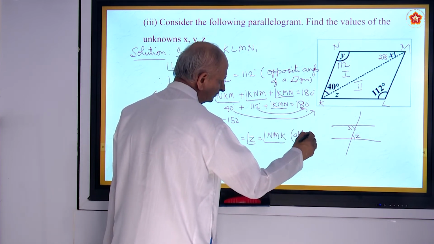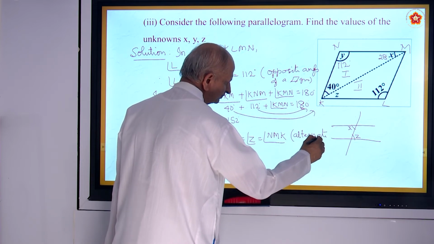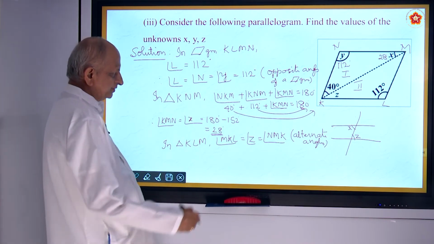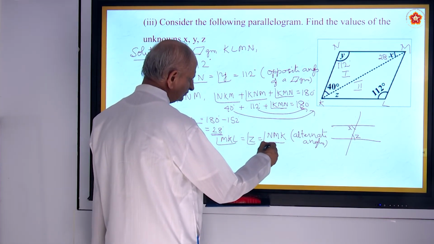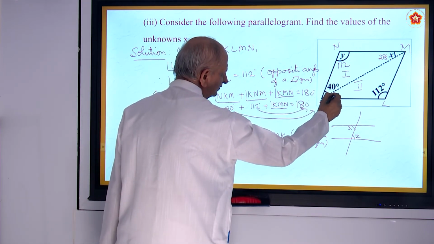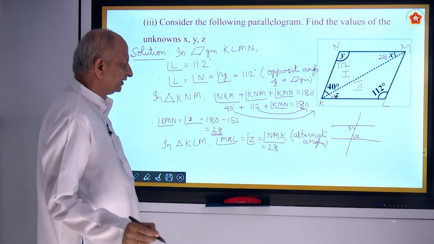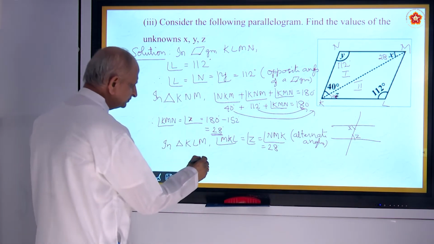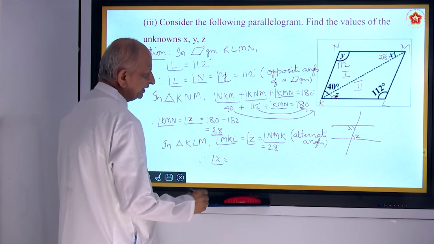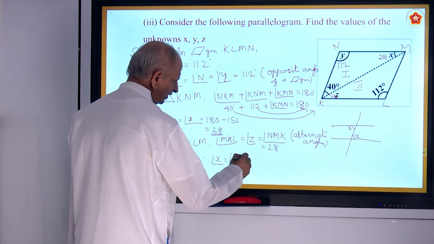Alternate angles, also called z angles, and that will be equal to how much? 28. So, this becomes 28. So, you got all the angles, correct? So, lastly we write angle x is equal to angle z is equal to 28 degrees.